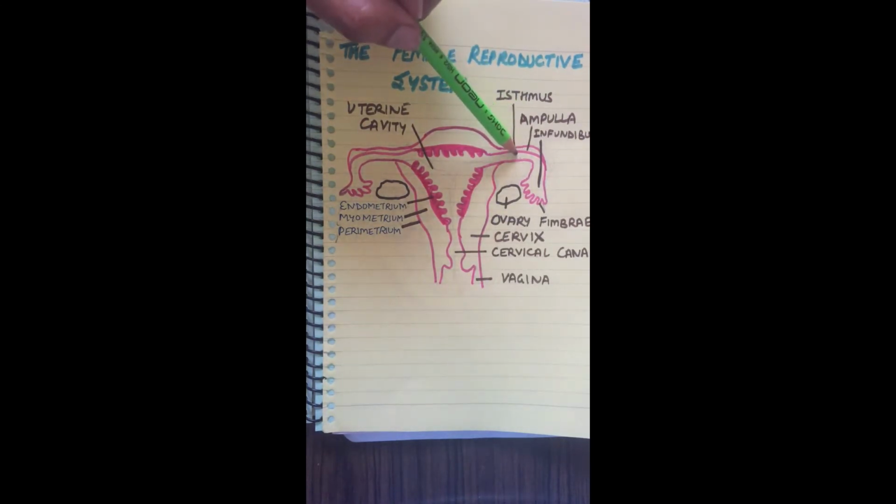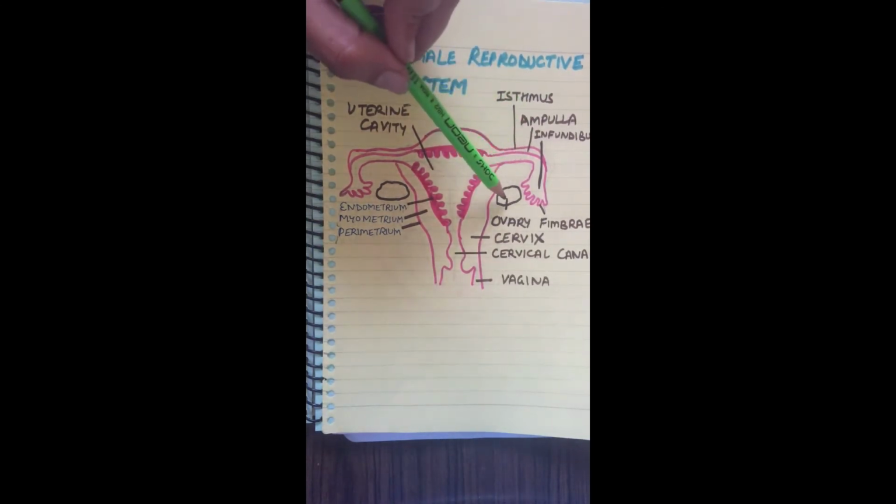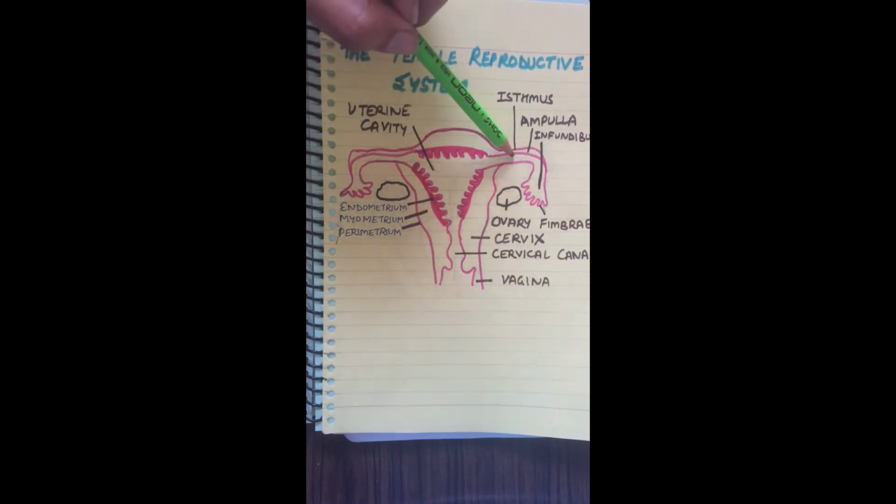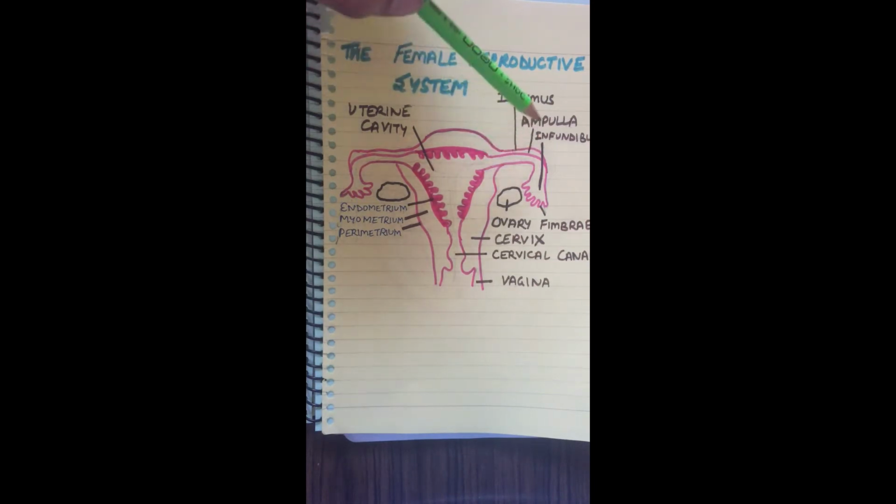If there is simultaneous transport of the ovum from the ovary to the ampullary isthmic junction, only then does fertilization occur. If both ovum and sperm do not reach the ampullary isthmic junction, then fertilization will not occur. That's why not all copulations lead to fertilization and pregnancy.